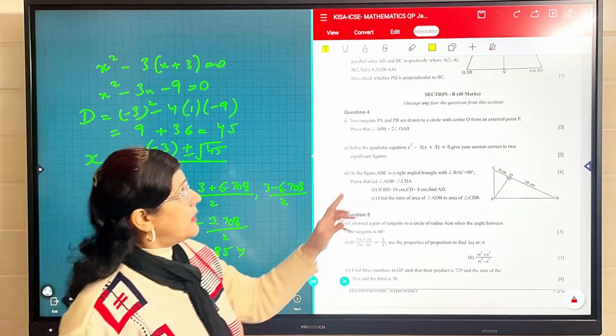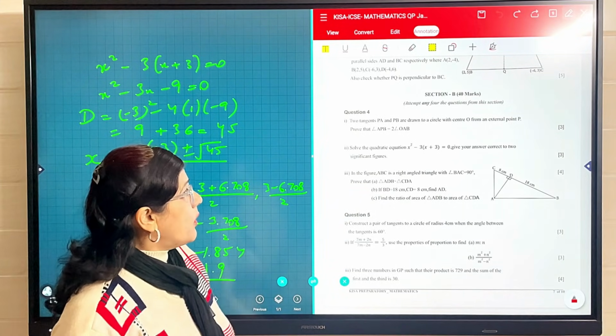These two are the two significant figures answers from this quadratic equation.